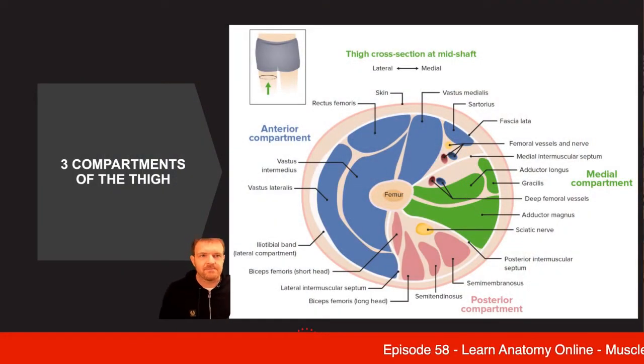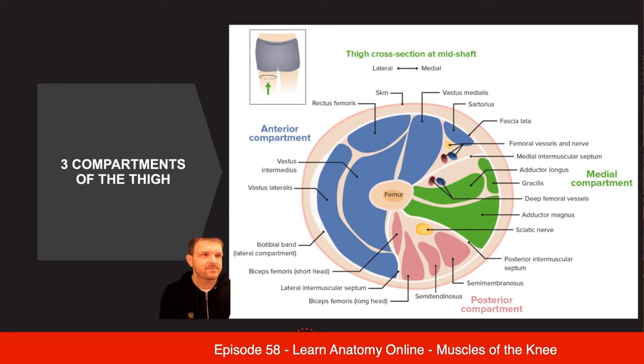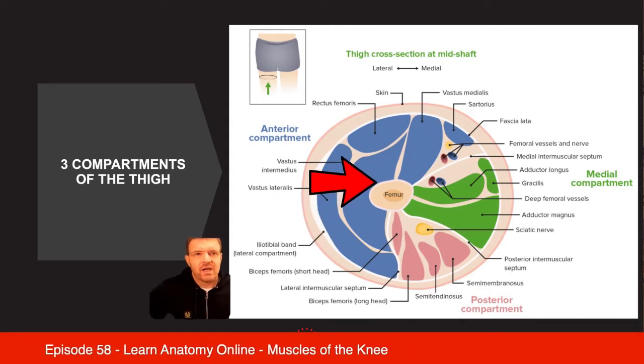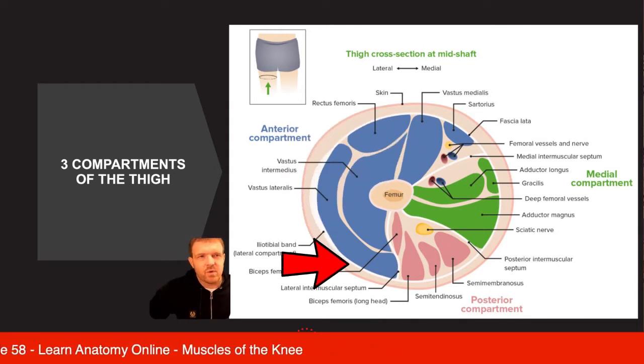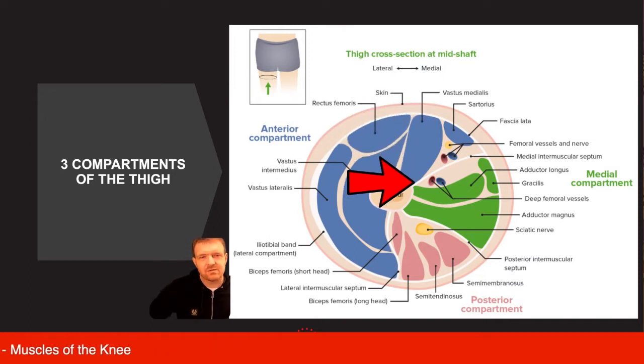So this is just revisiting those compartments again. Last time we were looking at all the blue stuff here. So we've got your vastus medialis muscle, and remember when we were looking at them, they attach on the back of the femur.